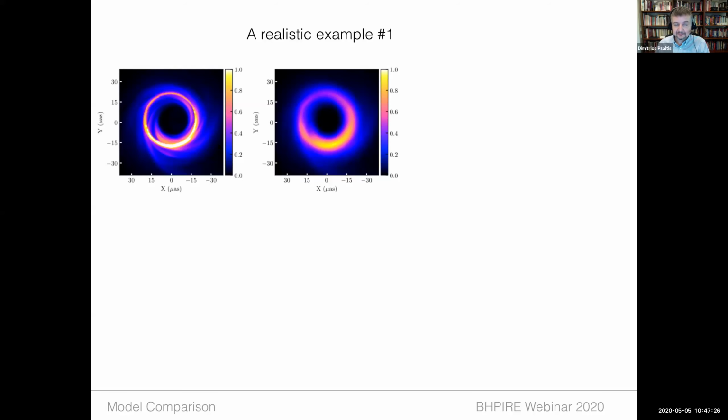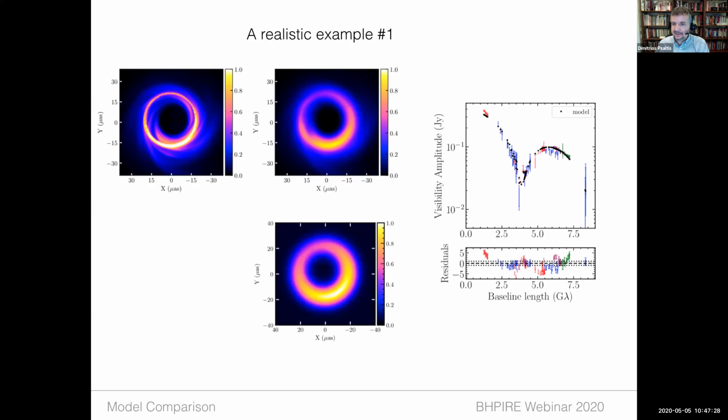We use that image with all the bells and whistles to generate data. Here are the data on the right, the blue and the red baselines again as before. You see the data have this characteristic minimum, the secondary minimum, because it's a beautiful ring. We fit it with a crescent model like we do with the Event Horizon Telescope.